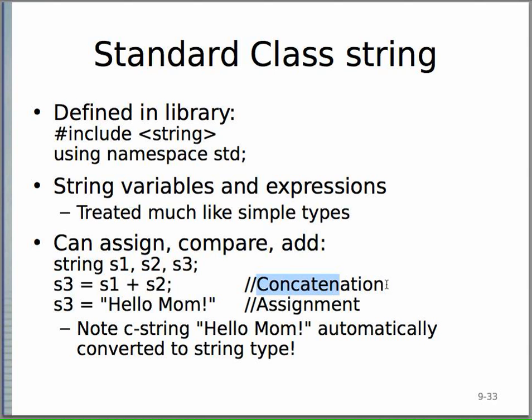In Java, we can't do overloads ourselves, but in C++ you can. So Java has a few overloads, and this is one of them. String class in string objects, you can concatenate, and you can do the same thing in C++.